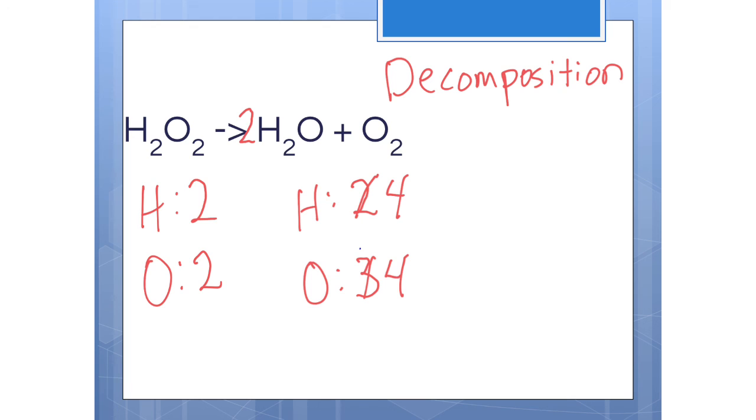So now we have 4 hydrogen, 4 oxygen on the product side, but only 2 of each on the reactant side. And so let's just try to put a 2 here. That gives us 4 hydrogen, 4 oxygen. Awesome, we're good to go. So that balances this decomposition of hydrogen peroxide to water and oxygen gas.